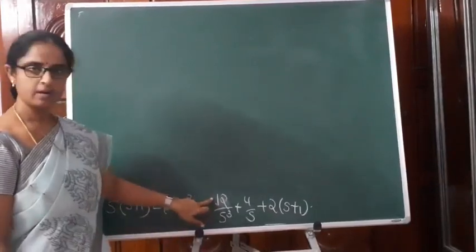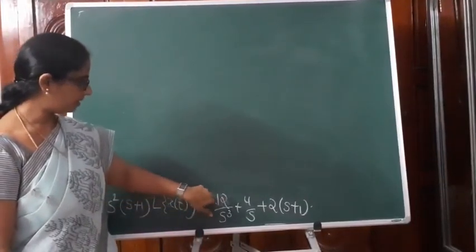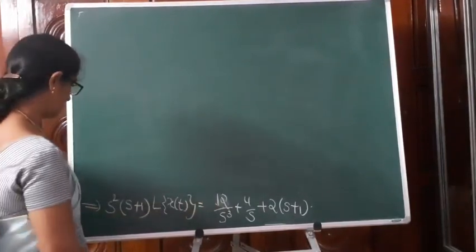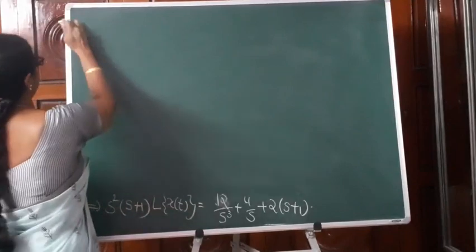Okay, make a small correction here. It is 12. 6 into 2 factorial is 12 by s cube. Now let us find L of x of t from this.